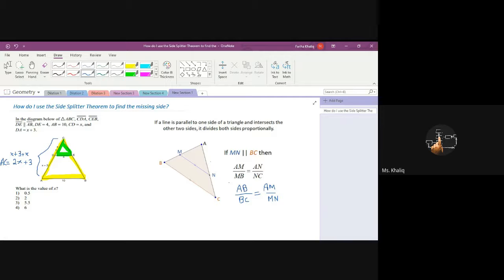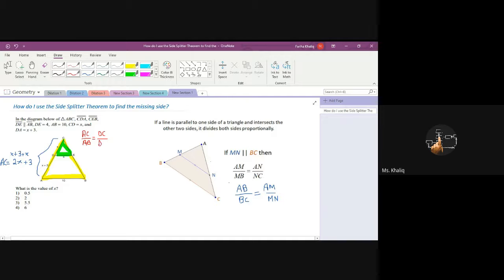So let's do that. I'm going to take this color here. So I'm going to say AC over AB equals DC, or CD, same thing, over DE.